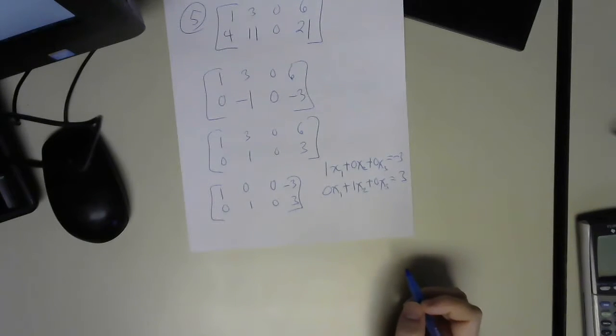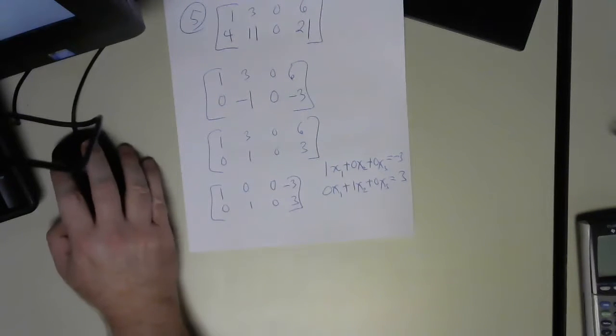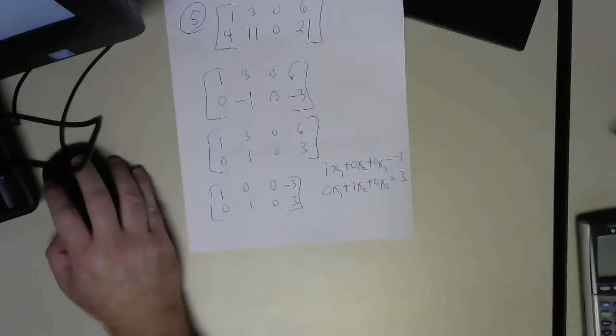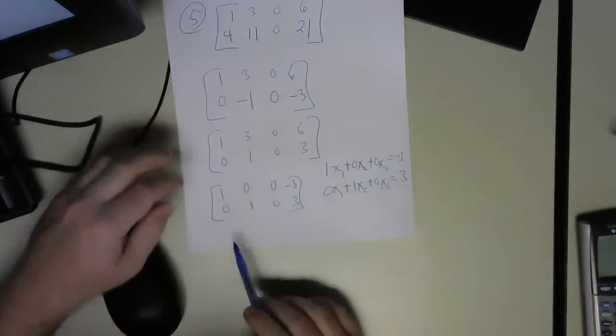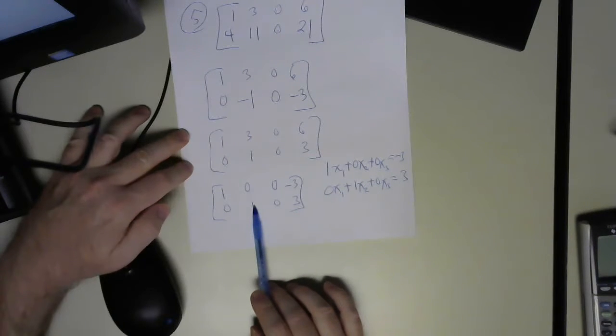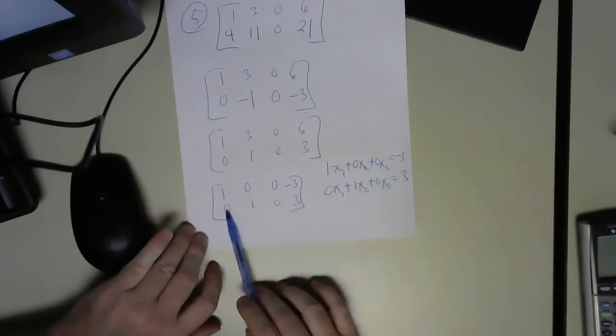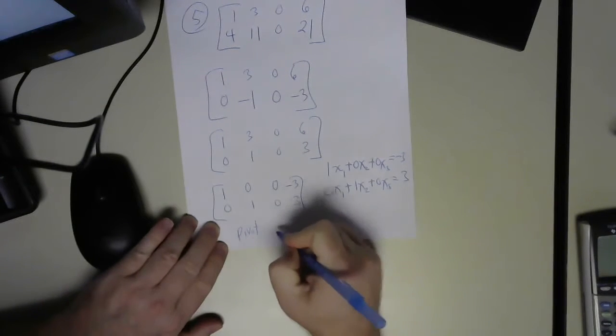All right, now in this particular case, we were able to work on the first 2 columns and put them in the right form. And whenever you're able to work on a column and put it in the right form, those are called pivot columns.